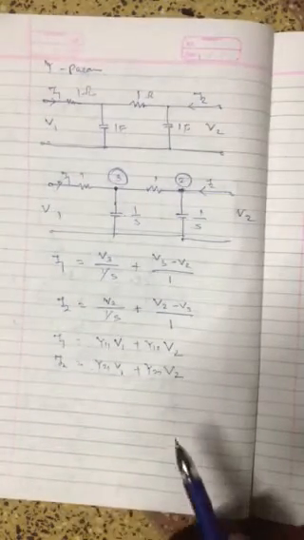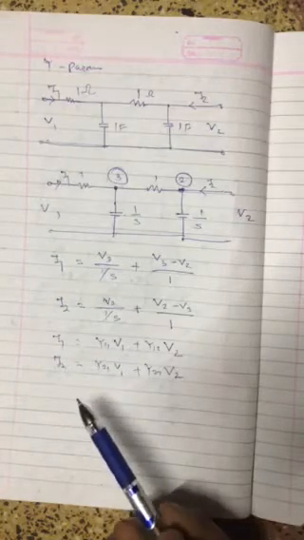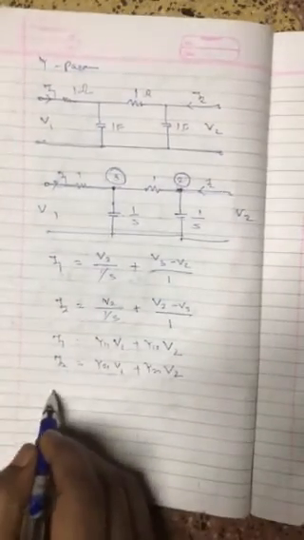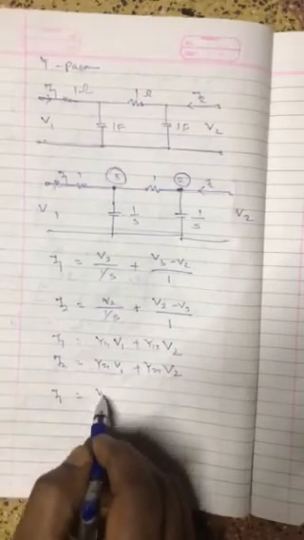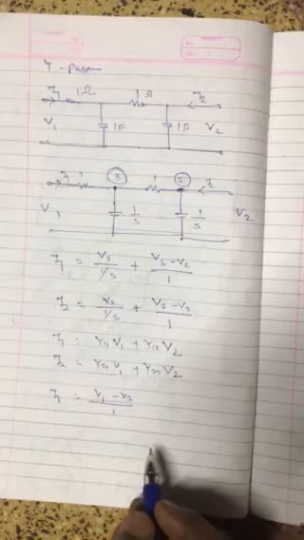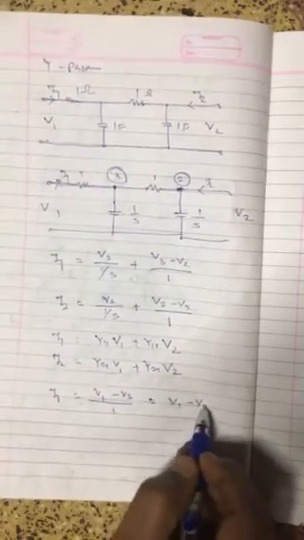So we require equations in terms of V1 and V2. Can I write I1 equal to (V1 minus V3) by 1? Yes, I can write I1 equal to V1 minus V3.